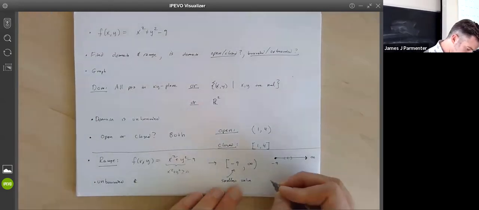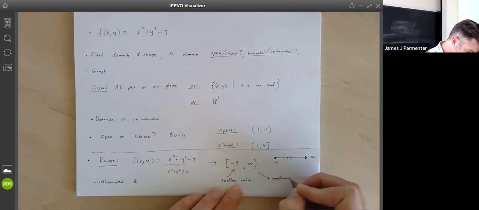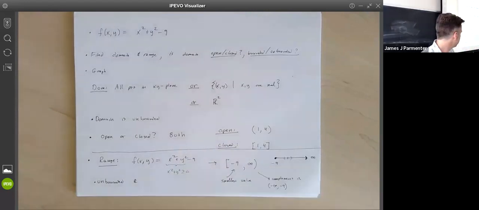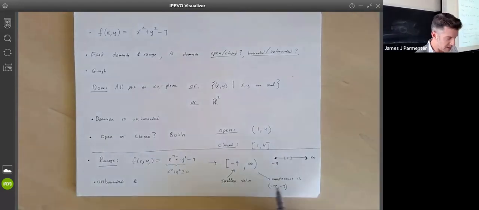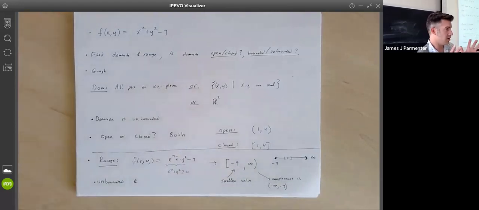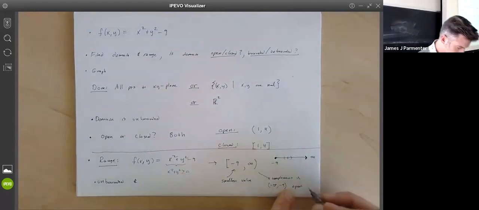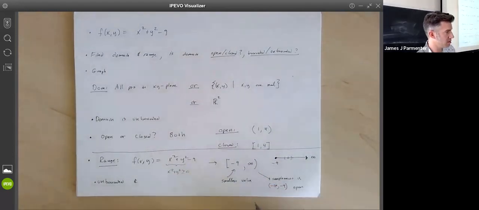Well, the complement, everything that's not in that set, is everything from -infinity to -9 exclusive. Oh, that's open, right? If I pick a point in there, there's a little interval around it that's also contained in there. So since the complement is open, the original set has to be closed.